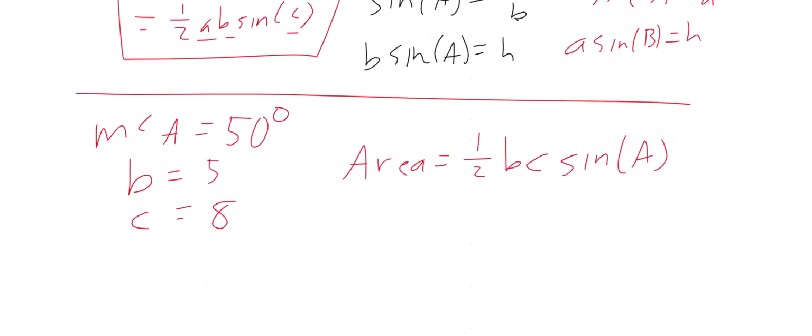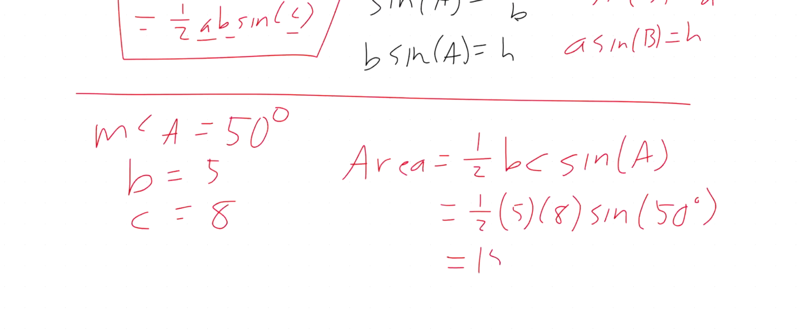All right, so plugging things in: 1/2 times 5 times 8 times sine of 50. Make sure again that you are in degree mode. And it turns out that our area is roughly 15.32088888624 in whatever units we have, squared.